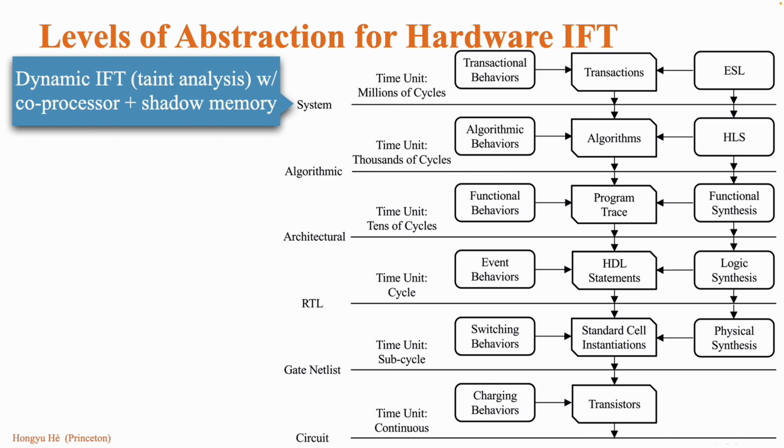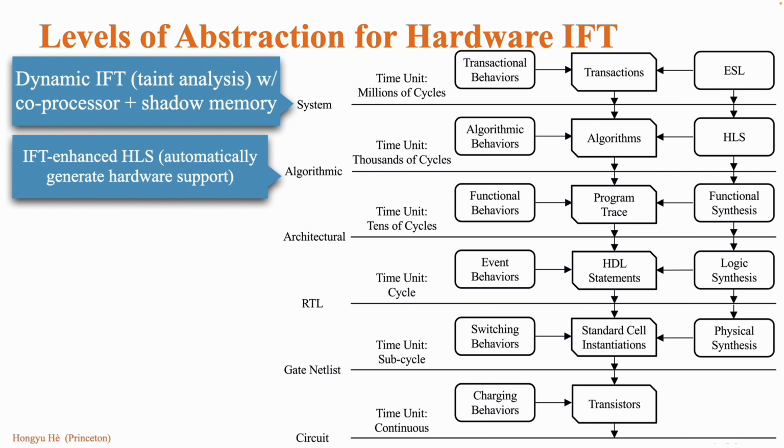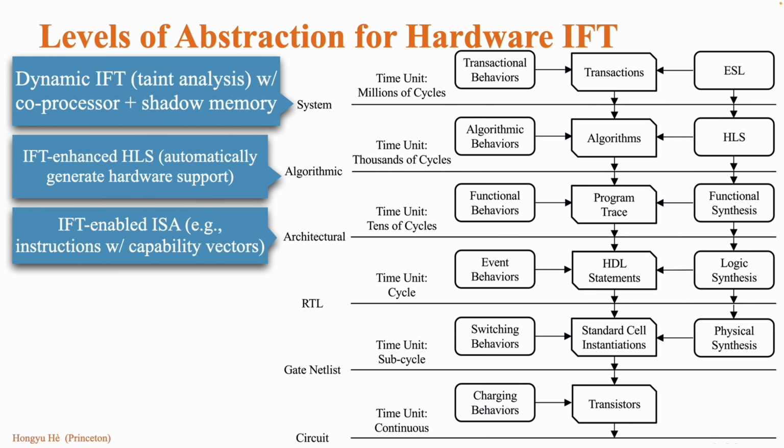At the algorithmic level of abstraction, you can have IFT enhanced HLS that automatically generates some hardware to support this flow tracking logic, and we can also do IFT at the ISA level, having instructions associated. Instead of a single instruction, we have a tuple with capability vectors attached.